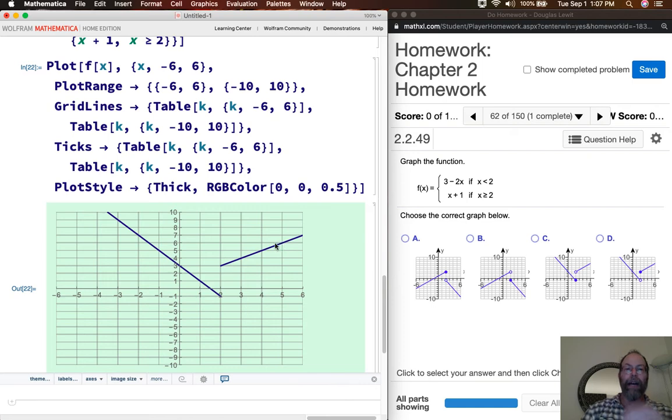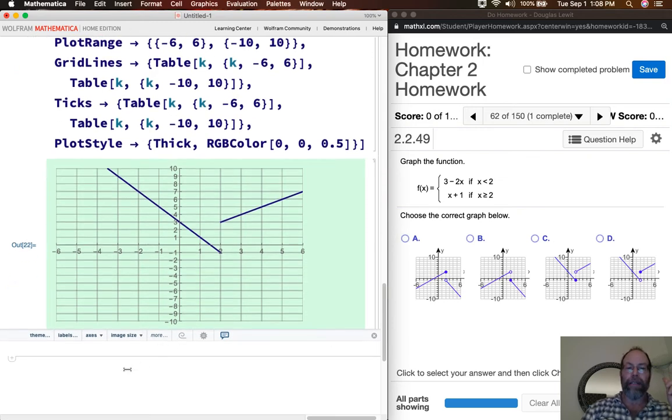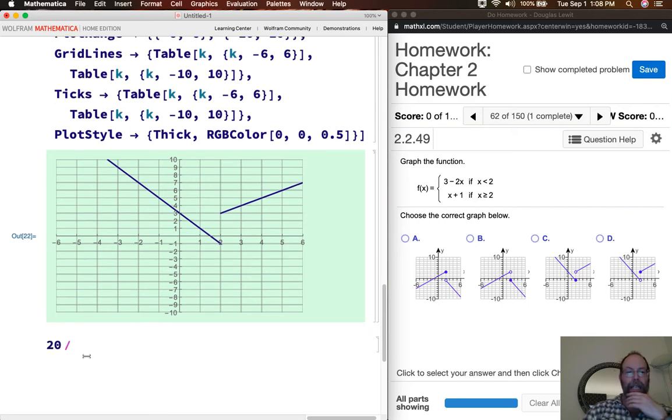Okay. Now again, if we want to resize this a little bit, we should use the aspect ratio command. As you can see here, the x-axis looks much longer than the y-axis. So let's think about this. The y-axis goes from -10 to +10. That's a distance of 20. The x-axis goes from -6 to +6. That's a distance of 12.